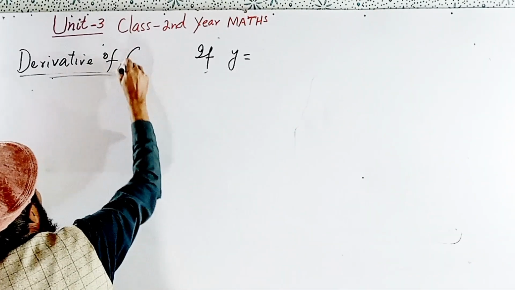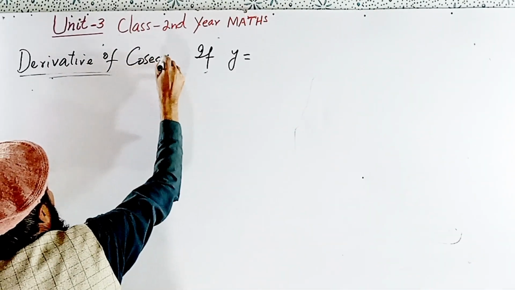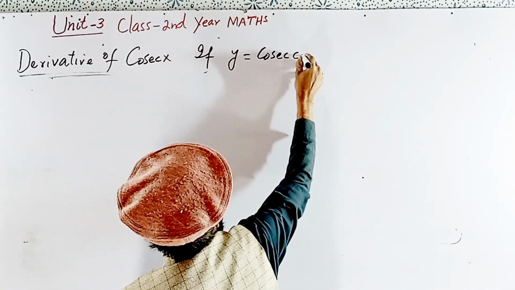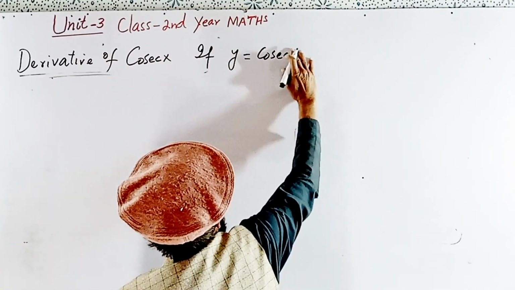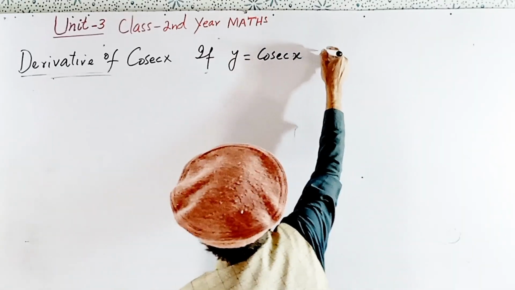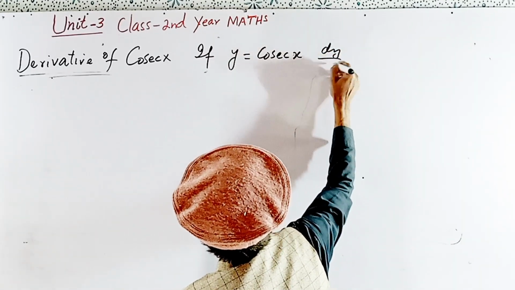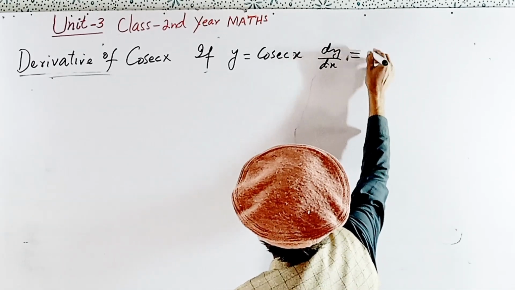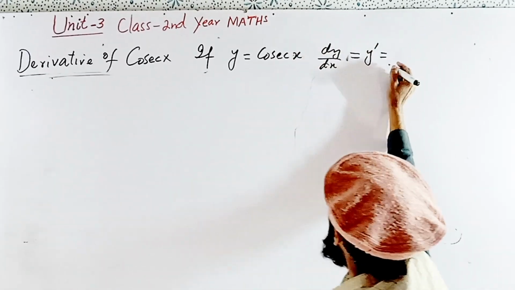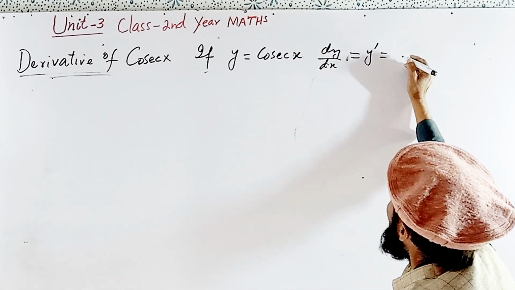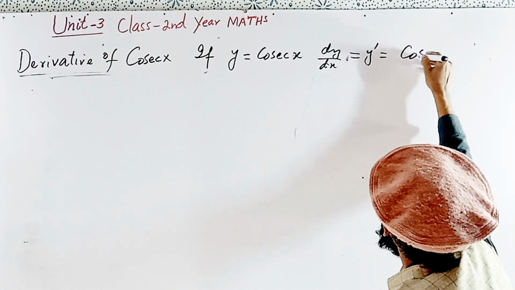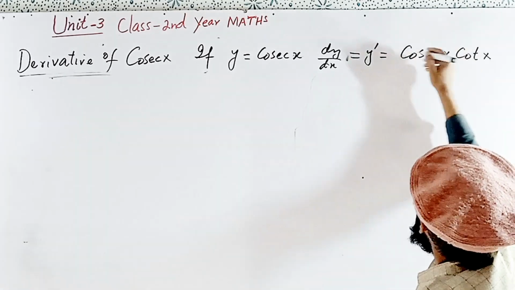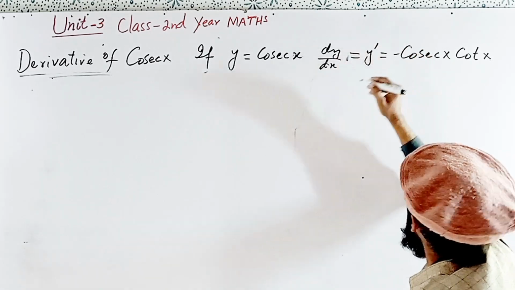Derivative of cosecant x. The function is y equals cosecant x, then dy by dx or y prime is equal to minus cosecant x cotangent x.